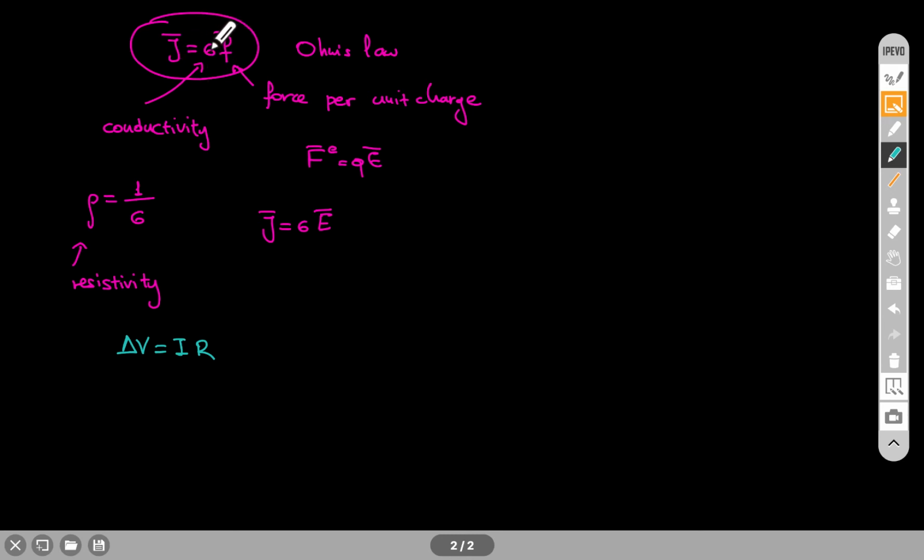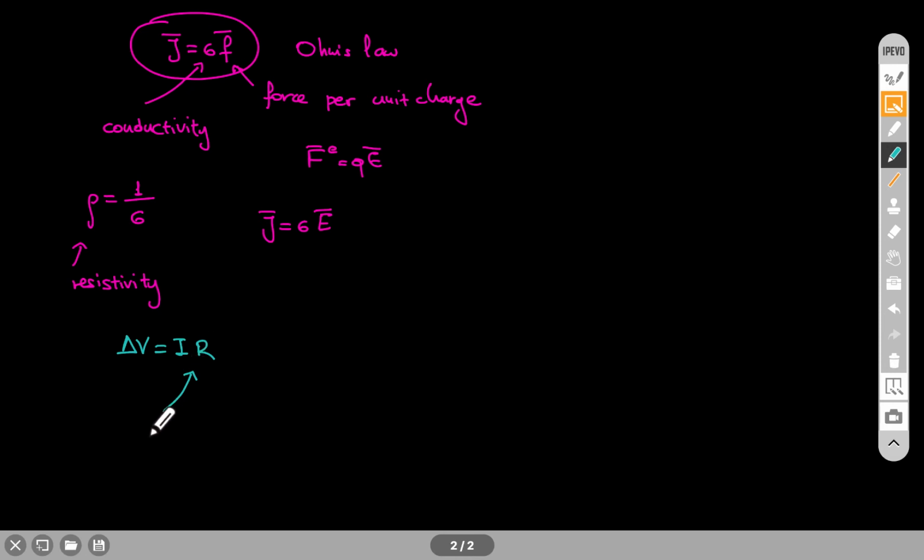Here in this expression, sigma is the conductivity, and as I mentioned before, it depends only on the material. I want to point out though that in this expression that we do use a lot in circuits, the resistance R, okay, you're familiar with R, this is a resistance.